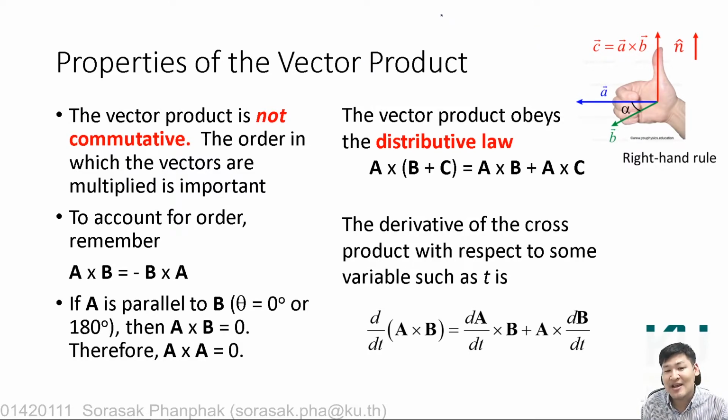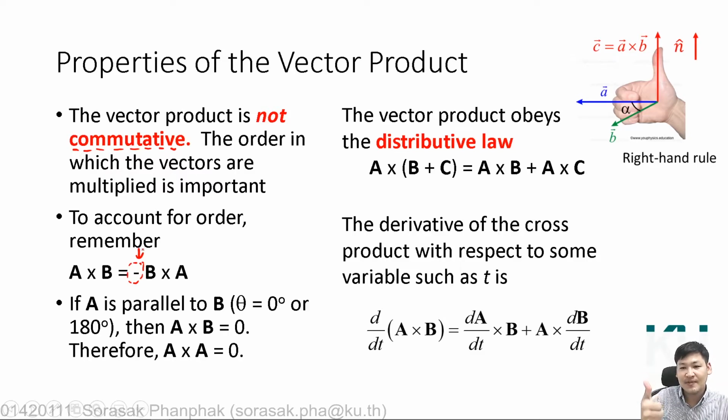As I said, A cross B is not equal to B cross A, so you cannot use the commutative law. You cannot swap the order between A and B or B and A. If you would like to switch the order, you have to have the magnitude with a negative sign in front of it.